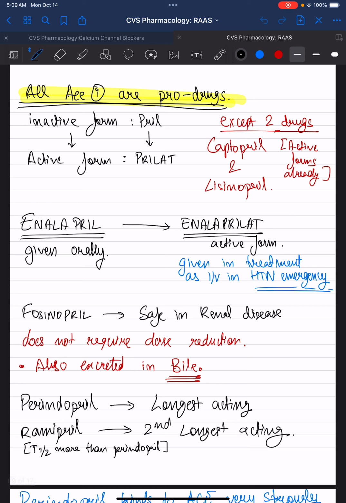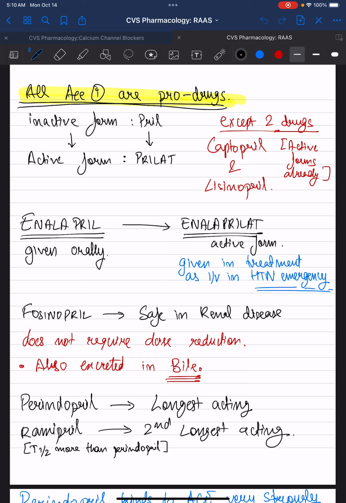All ACE inhibitor drugs are prodrugs. The inactive form of the drug is called the pril, but the active form will be called the prilat. But two drugs are already in active form, which are captopril and lisinopril.